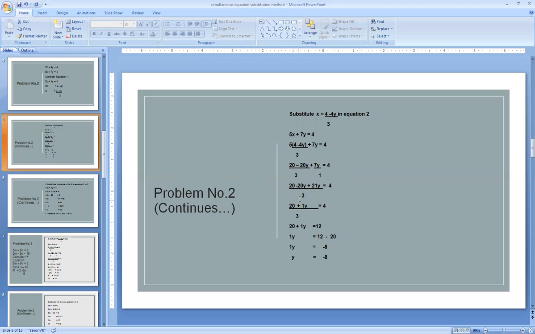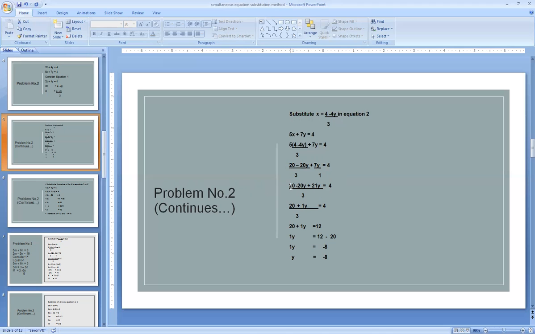With the LCM value 3, we divide by 3 and multiply the quotient with the numerator. 3 ones are 3, so 20 minus 20y remains as it is. We write the same here, 20 minus 20y plus, because it is plus. Then 1 3s are 3, and 3 into 7 is 21y, equals 4.